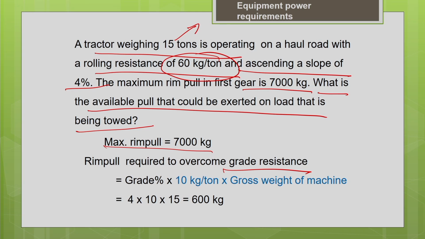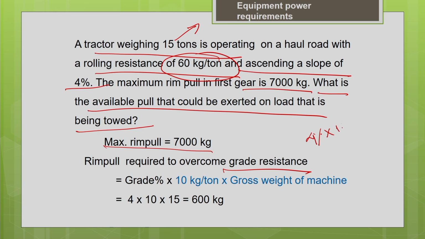First let us see the tractive effort needed to overcome the grade resistance. You know the grade percentage is 4%. I told you that for 1% of grade, the grade resistance is 10 kg per ton.